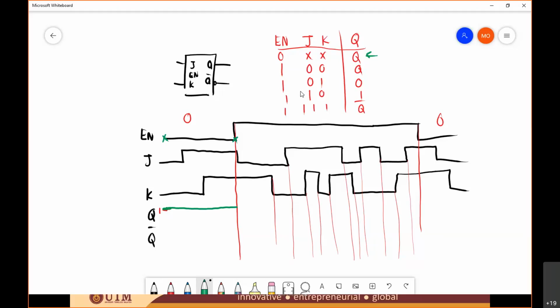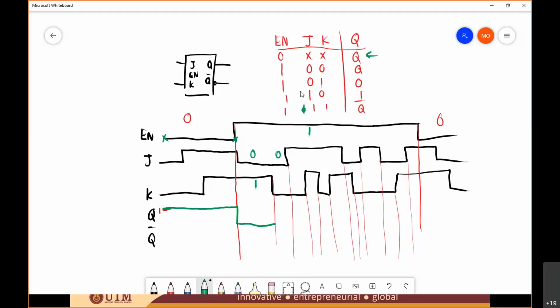And next, since enable adalah 1, you need to see the input JK to find out the output Q. So yang ni started with 01. What is 01? Reset. Kamu nak reset, so dia akan jadi 0 lah sampai situ.